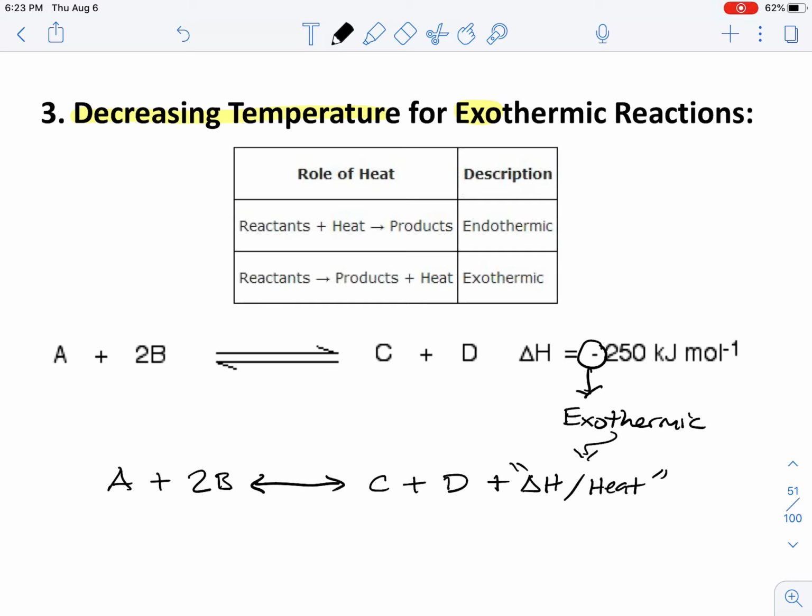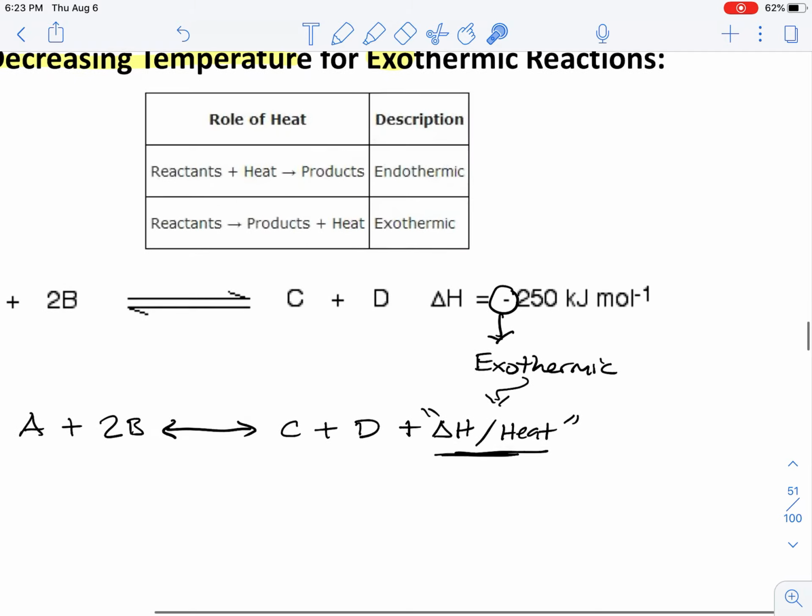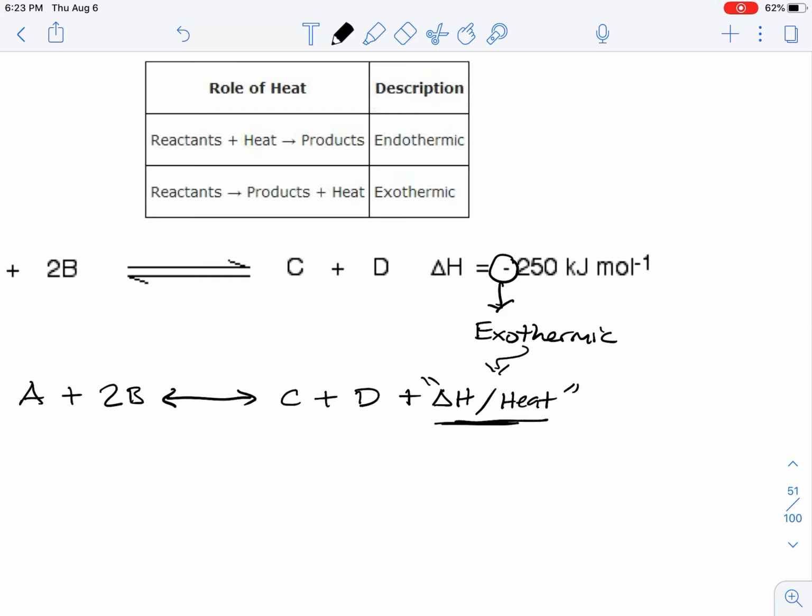And so now that I know that heat is a product, then I'm going to apply the change in temperature. So here I have a decrease in temperature. And so I'm going to apply the change in temperature. And so in this case, there's going to be a decrease in temp.